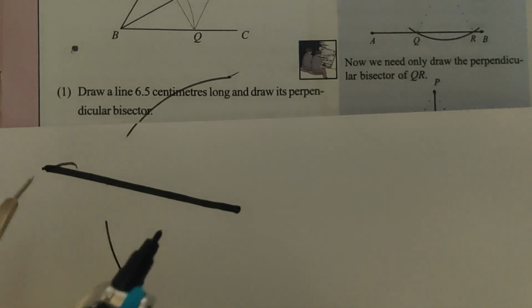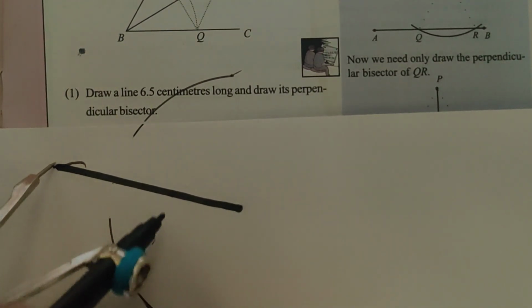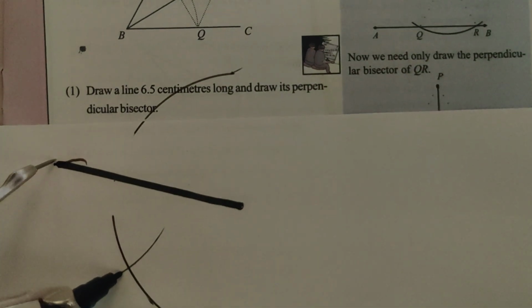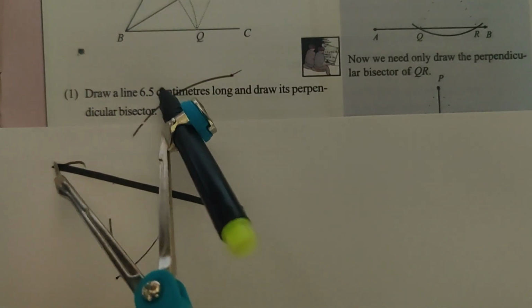Then you take the next end point here, and you can complete an arc like here. There is a point of intersection here, and you can construct an intersection here also.